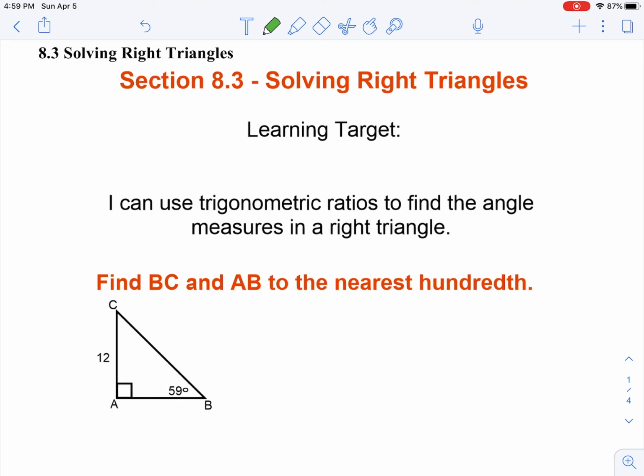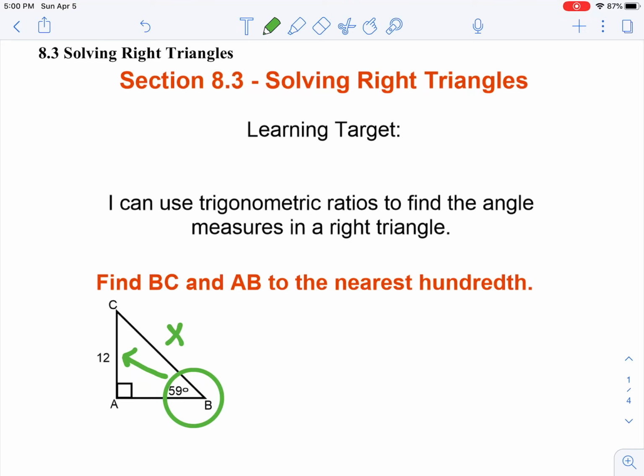Our example says to find BC and AB to the nearest hundredth. So let's start with finding BC. Let's call BC X, and then I'm going to circle my acute angle that we are given, which is angle B, 59 degrees.